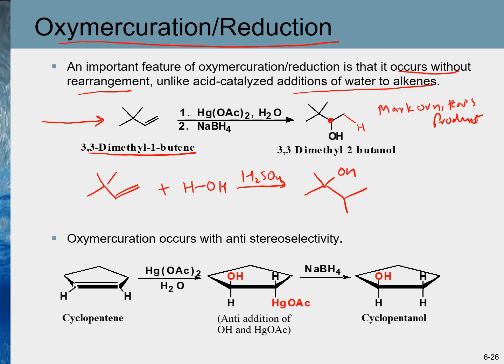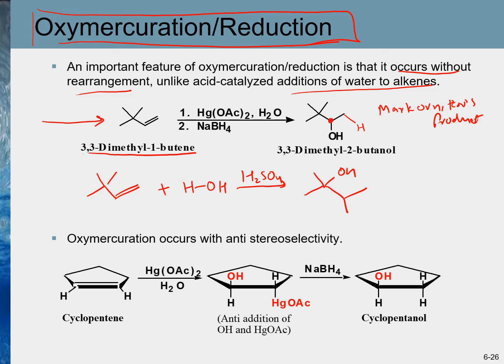So if you want to perform a simple Markovnikov's addition to those alkenes where there is a chance of rearrangement, then oxymercuration reduction reaction is the only option.